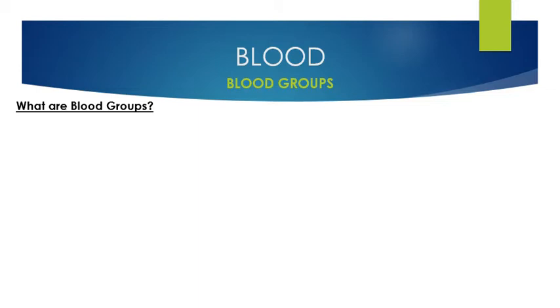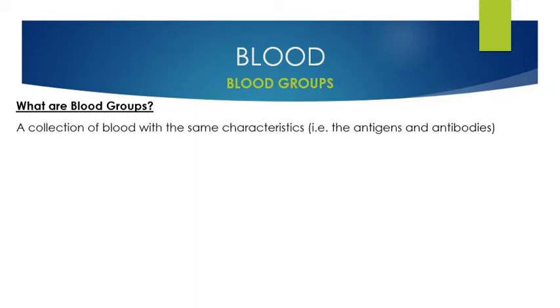The characteristics being talked about here are the antigens and the antibodies. So when two types of blood have the same antigens and antibodies, they are said to be in the same blood group. There are mainly four blood groups that you need to remember.